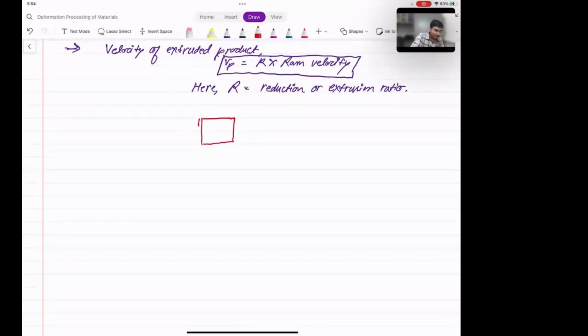Extrusion ratio. Okay. If we try to draw it schematically, how it appears is, suppose this is the ram and it is pressing this billet. Suppose this is VR, and suppose this is the extruded product.